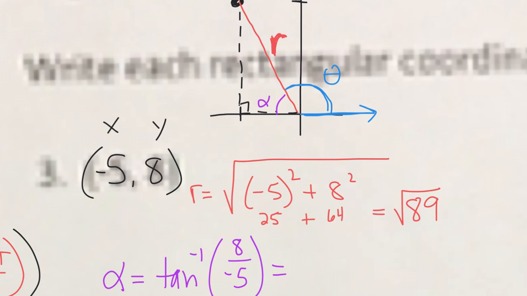Okay, and hopefully you're going to be in degree mode so that we can have an answer in degrees, because you don't really understand what radian angles mean. So we're going to do something that you do understand, which is degrees. So inverse tan of 8 divided by negative 5 is negative 57.99. So let's just round up to negative 58 degrees.